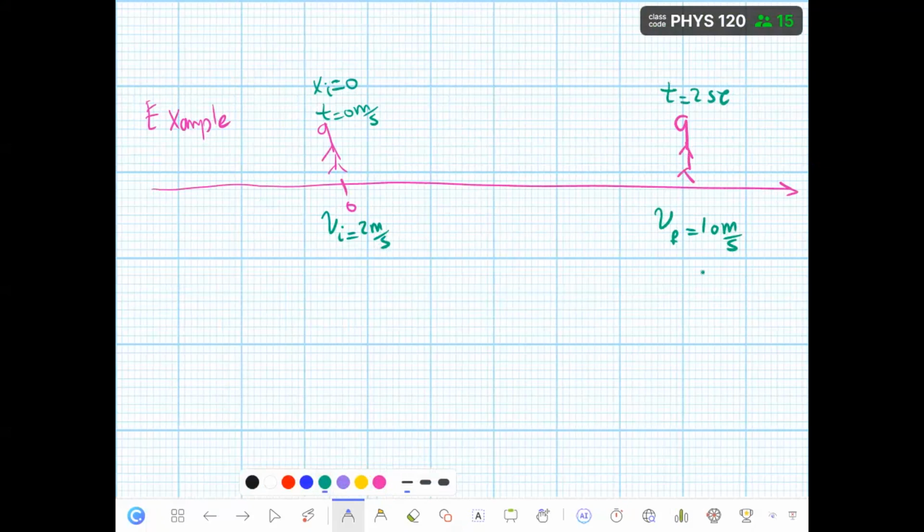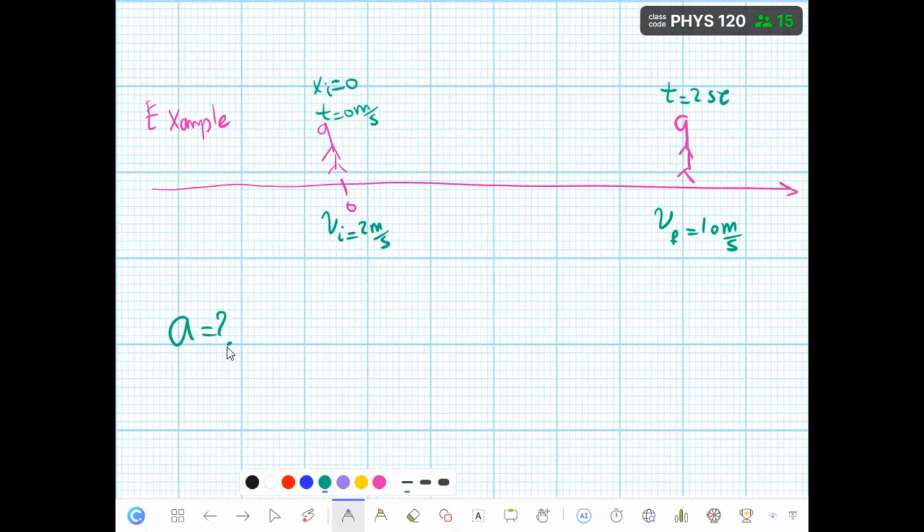Calculate the acceleration. What is the acceleration? And if you can, calculate the displacement as well. After 2 seconds, what is his position?